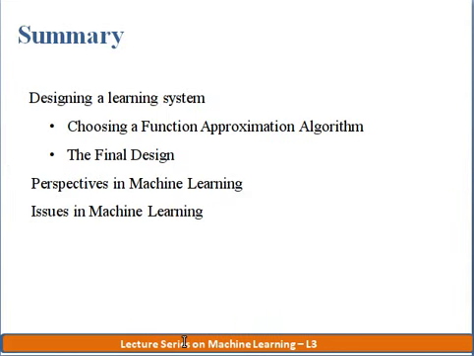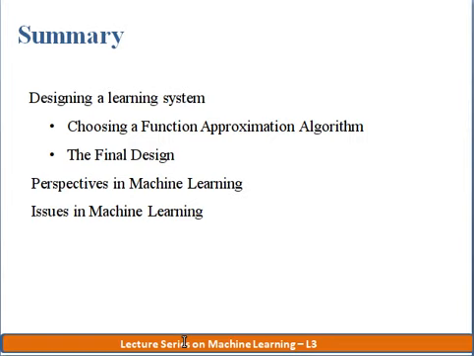Now what we discussed in today's lecture is the two remaining steps of designing a learning system, where the fourth step was choosing a function approximation algorithm, and the fifth step was the final design.